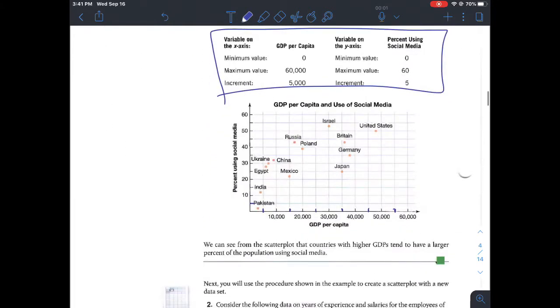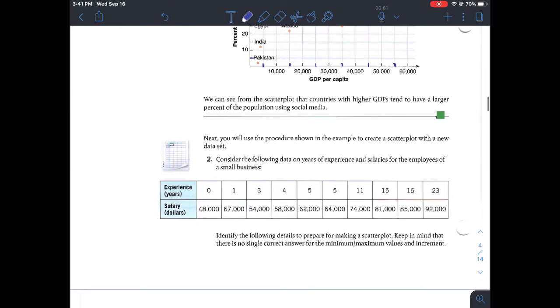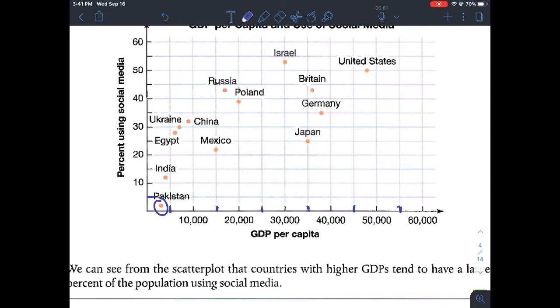Okay, super tedious work, I know. But from there, you can interpret the graph, okay? Pakistan and India have a low yearly income per person, and so they're not really on social media a lot.